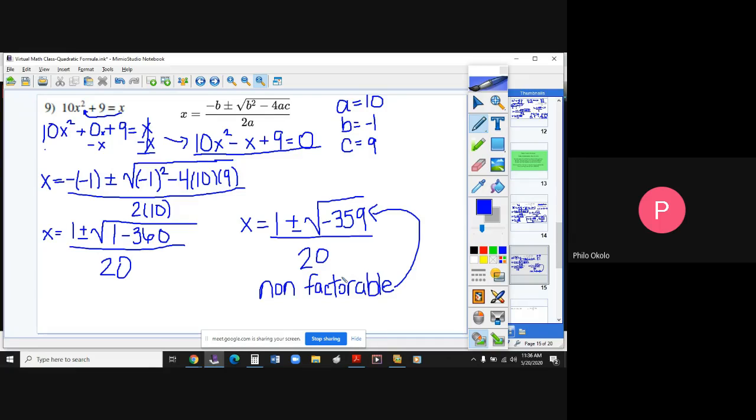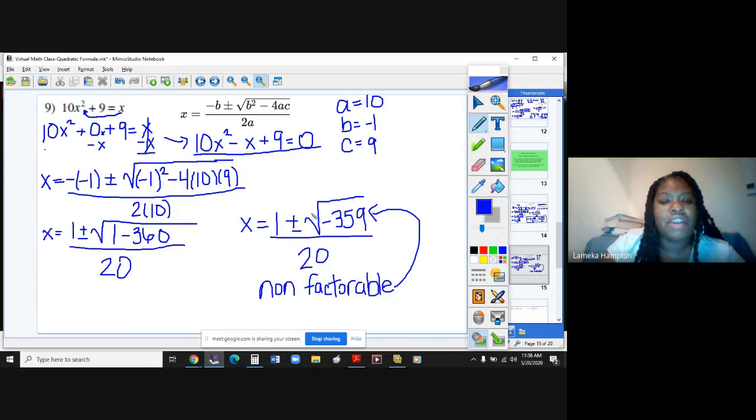Okay. Because remember, when you have a negative number under this square root sign or this radical sign, or radicand, you cannot take the square root of a negative number. So whenever you come across this, make sure you go back, make sure that you didn't do anything wrong with your arithmetic.